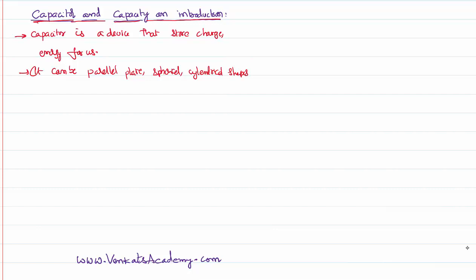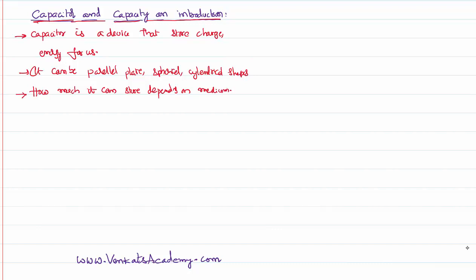And what the capacity of the capacitor is depends on that shape too, and also on how much it is able to store. It depends on the medium of the capacitor too. What is there in between these two plates is also going to make a difference.